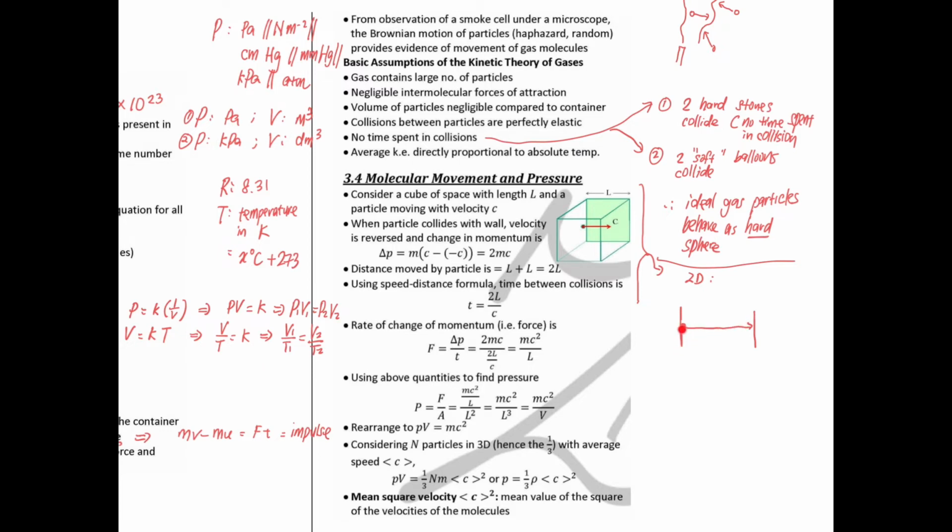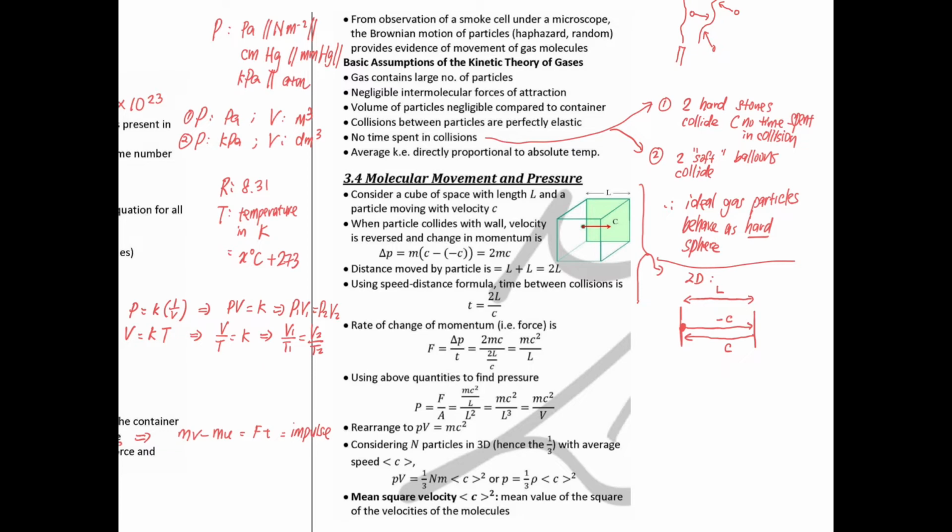They collide with the right surface and then they bounce off and go back. Now the distance traveled is L. The speed is c. So let's say I assume going forward is minus c, going backward is c. I do so because I want to match with the information in the notes.